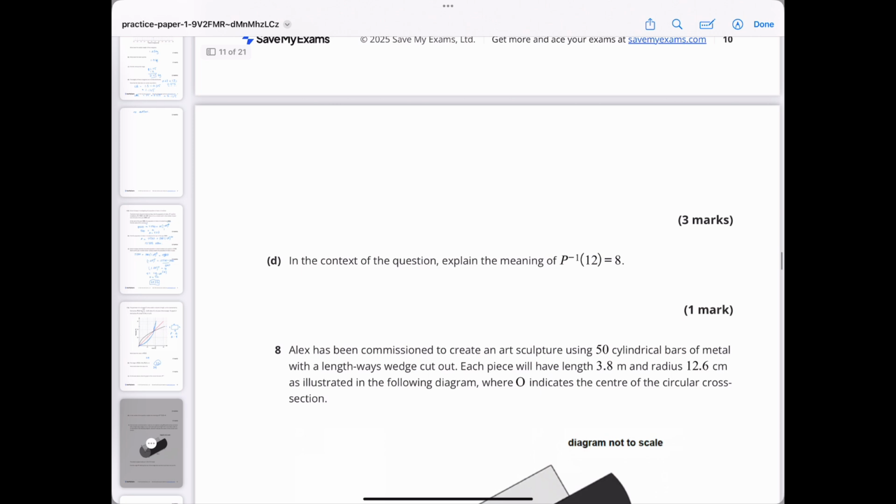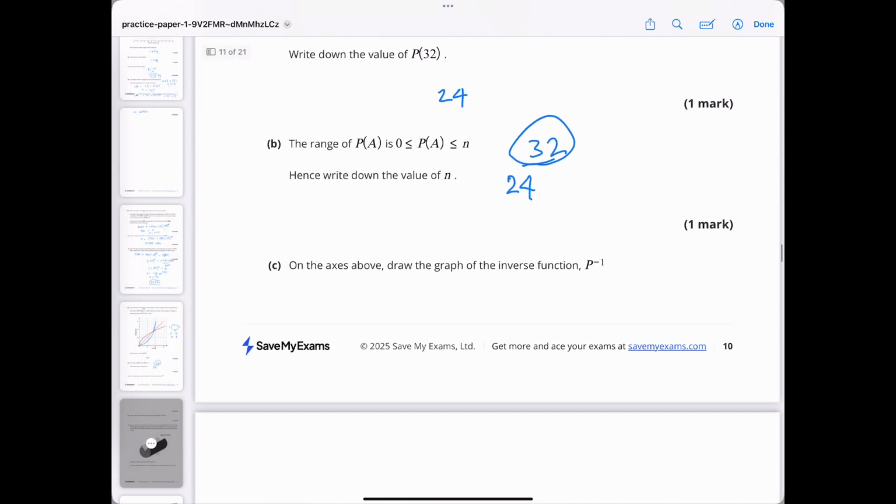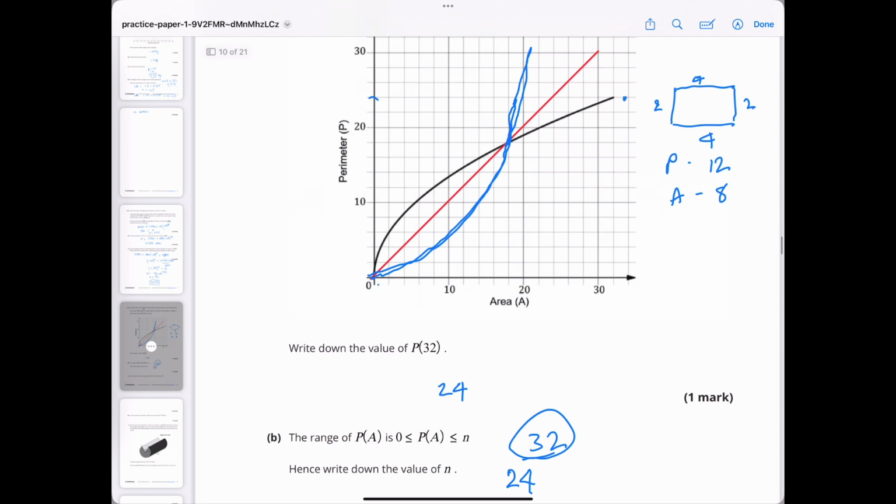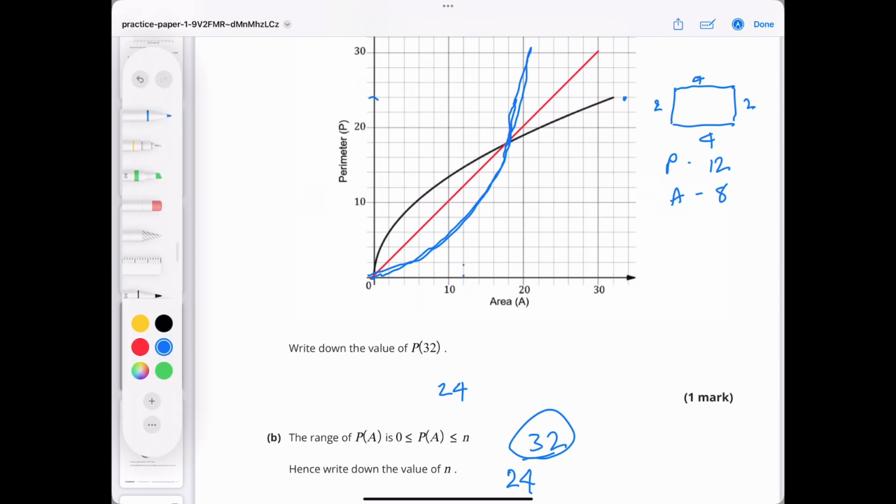In the context of the question, explain the meaning of p to the minus 1 of 12 equals 8. So if we look at this, p to the minus 1 of 12 equals 8.